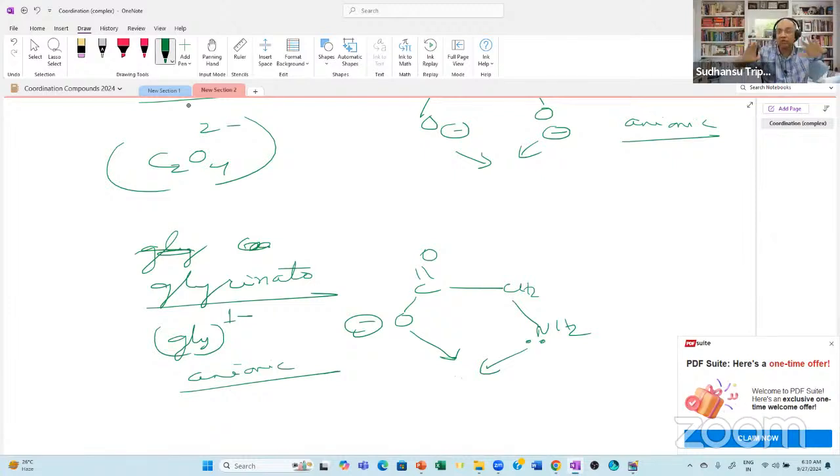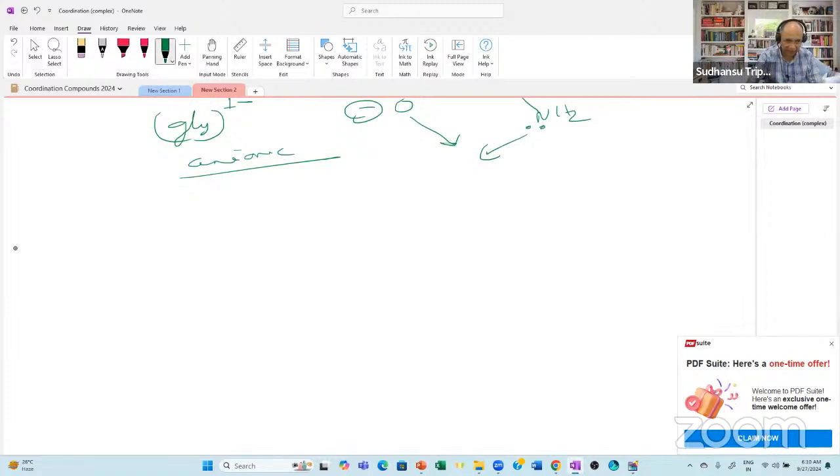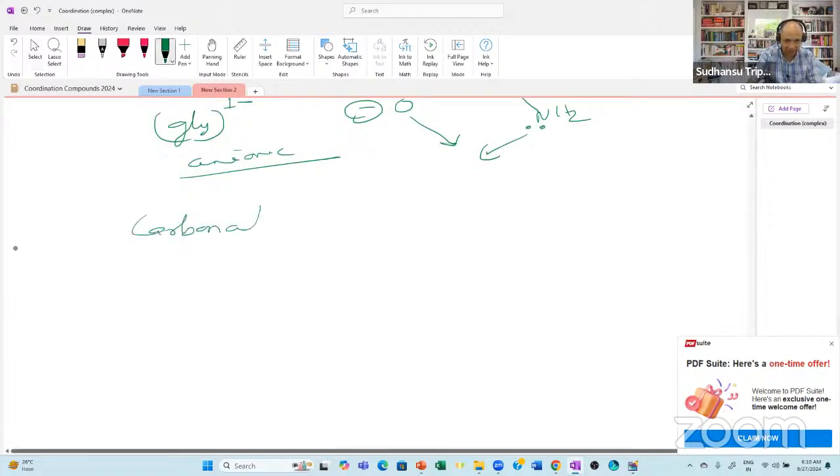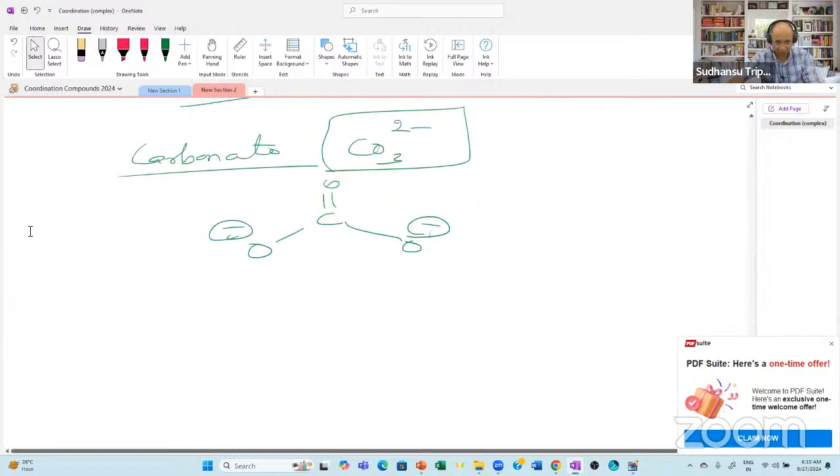The most important is to find the oxidation state of the central metal atom. For that, you must know the ligands. What is the charge of the ligand? Glycinato. Then you have carbonato. This is CO3 2 minus. This is a very simple ligand. Carbonato, carbonate, carbonato, sulfato. Let us write pH.